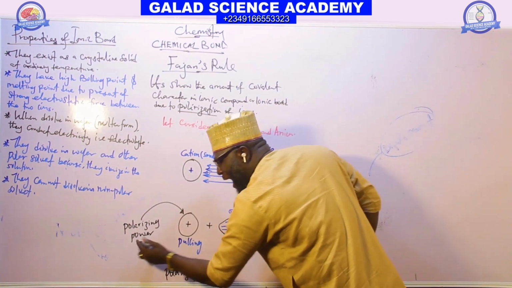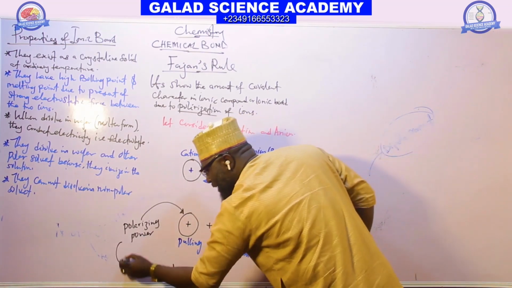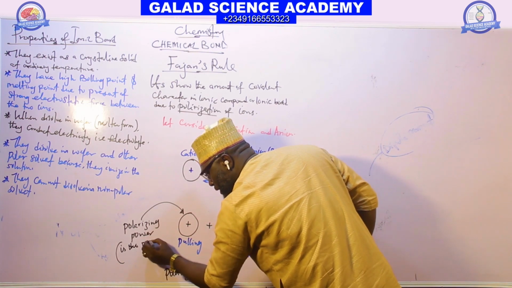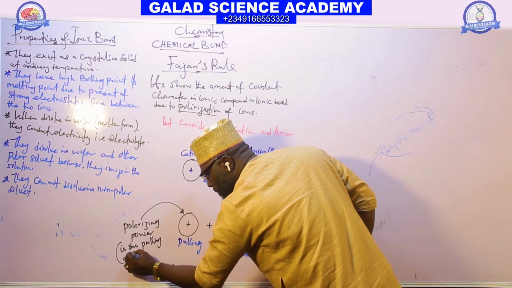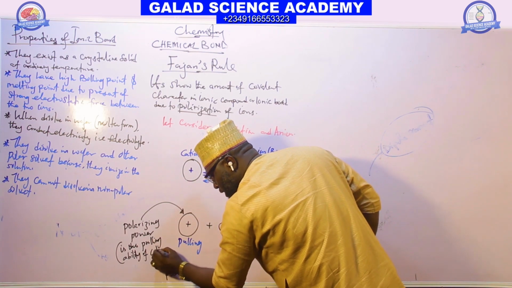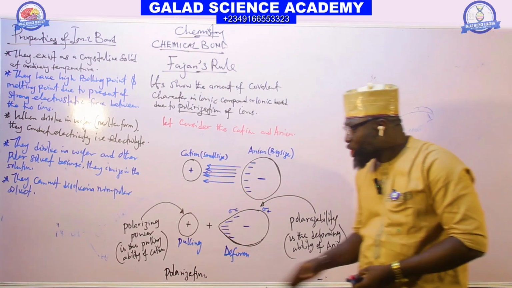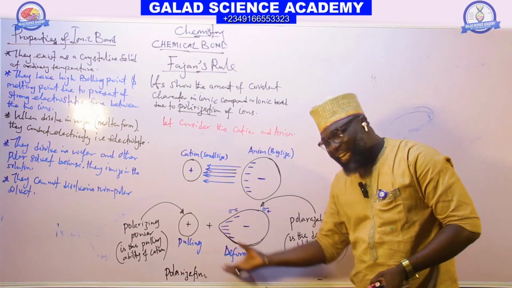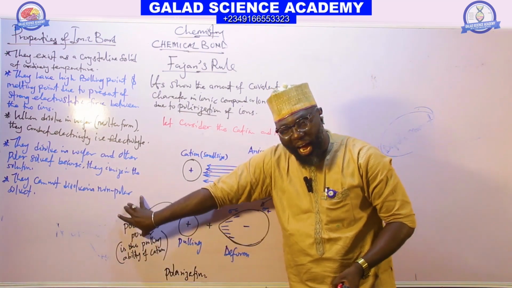But polarizing power is the pulling ability of the cation. The tendency of the cation to attract the electron cloud toward itself, we call polarizing power.